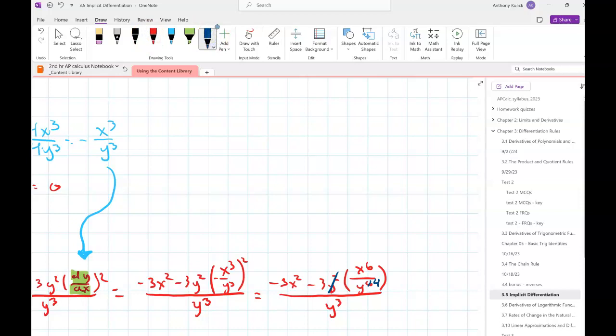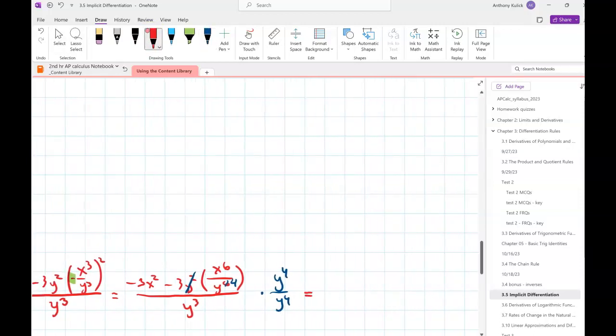Now, why did my negative sign right here go away? Excellent. Yes, because you squared it. Good. Then I'm going to just multiply the top and bottom by y to the 4th so I can get rid of the complex fraction. Actually, it's okay. That's fine. I'm going to put the negative sign there and just make everything positive, though.